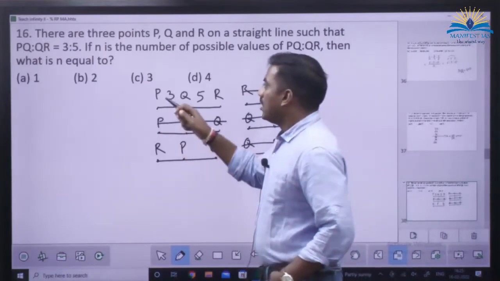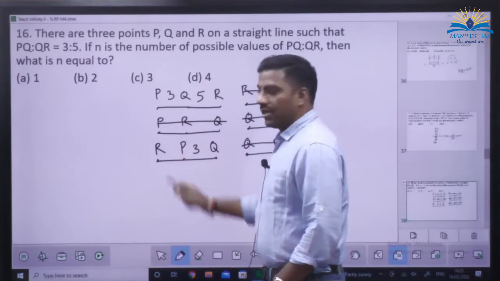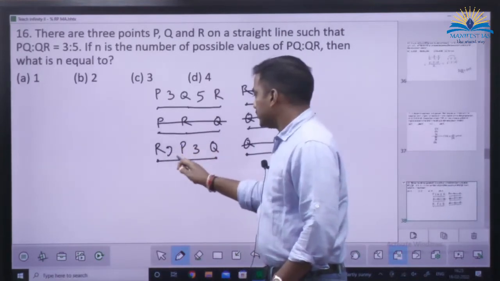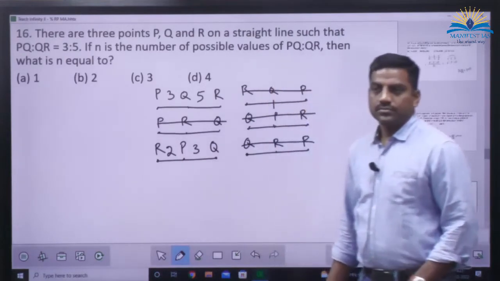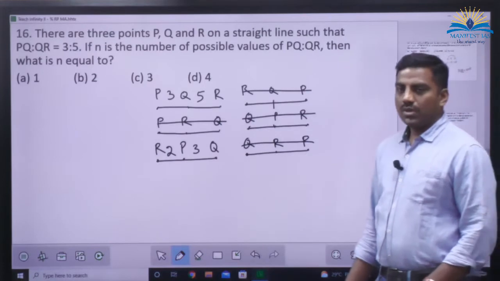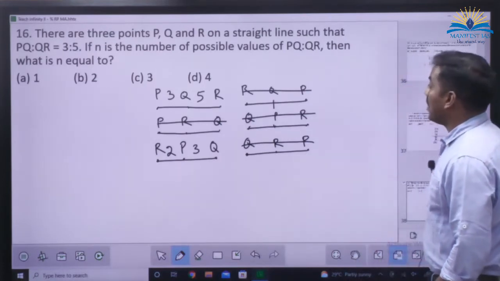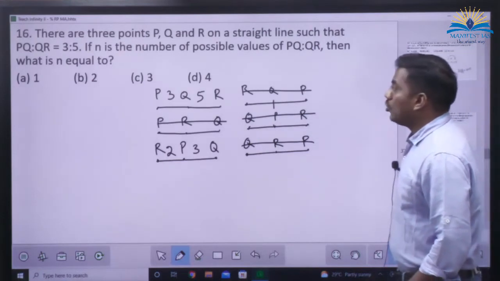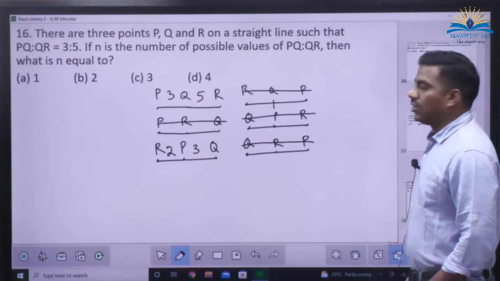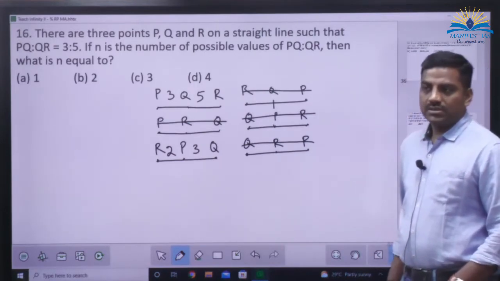Now, PQ is 3 and QR is 5. This whole thing is 5. So 2. Now, they are asking if n is the number of possible values for PQ is to QR, then what is N equal to? 2 ways.